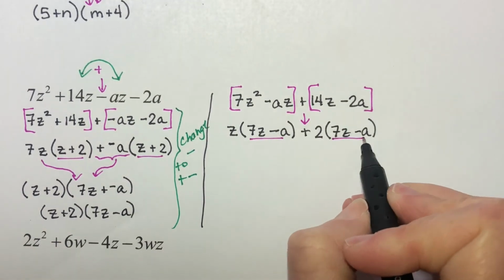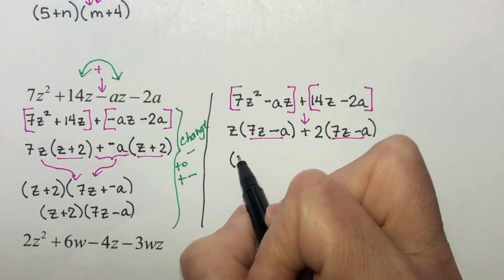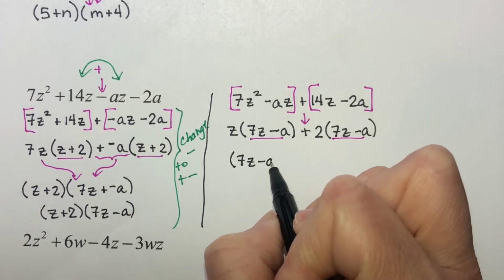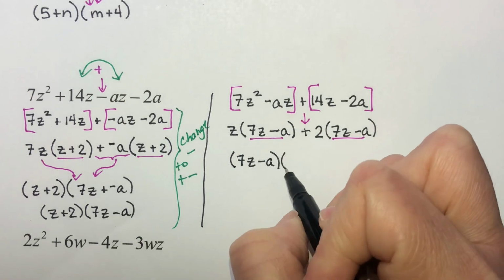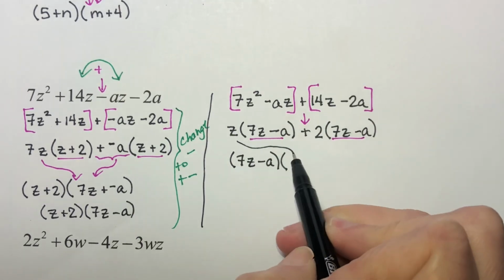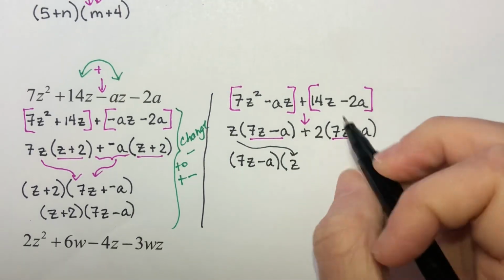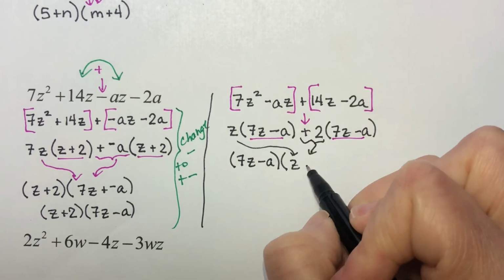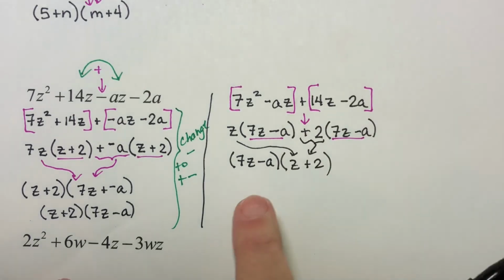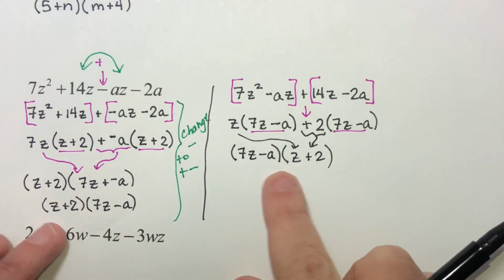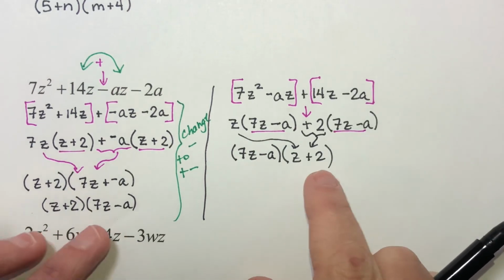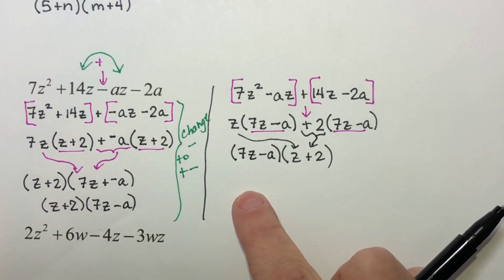These two are the same, so I write it down once. Times, collapse these, this z goes right here, and the plus 2 goes right here. And we have the same two binomials being multiplied, and it does not matter that they're in different orders. They are exactly the same thing.